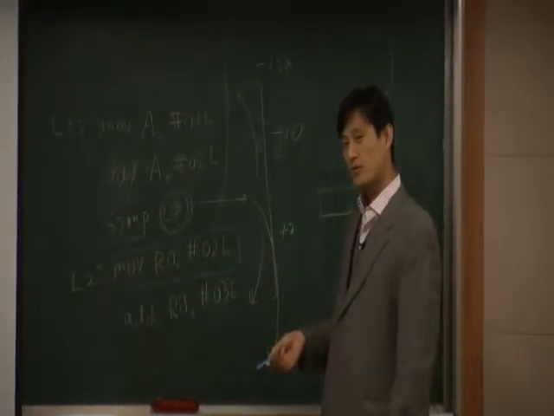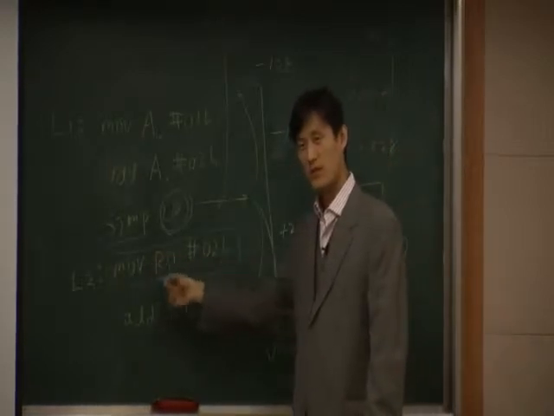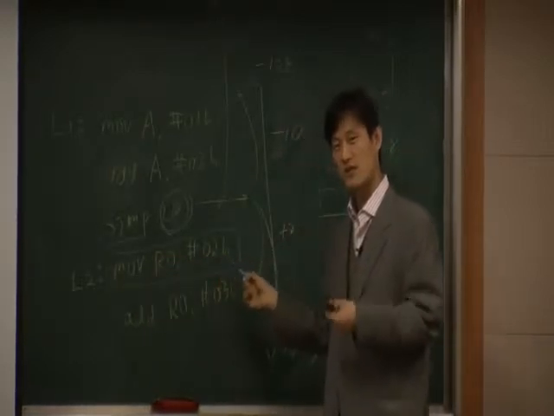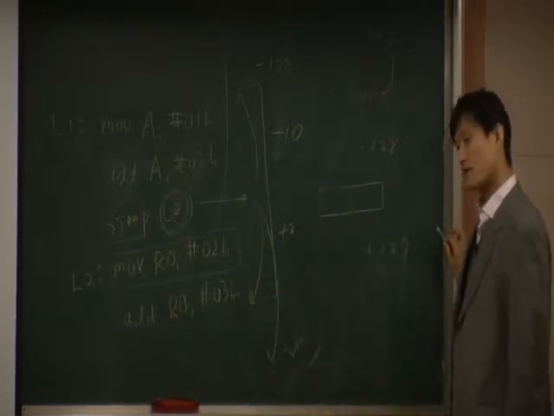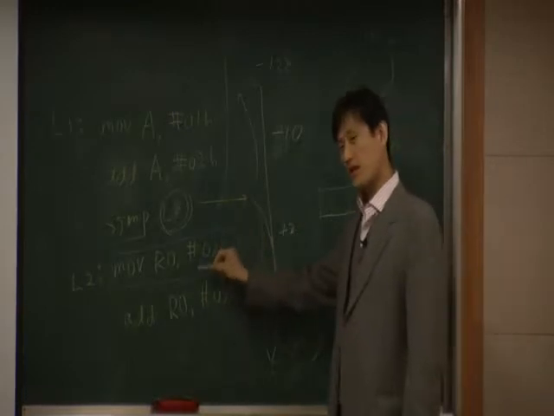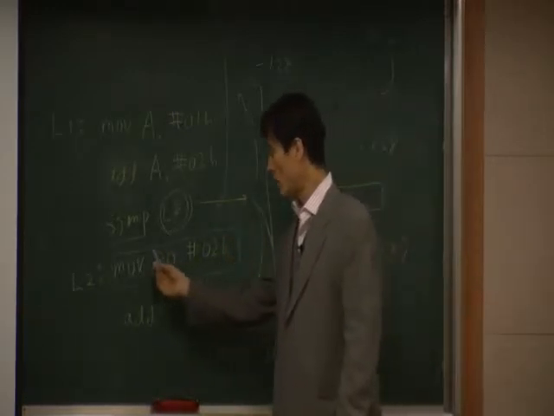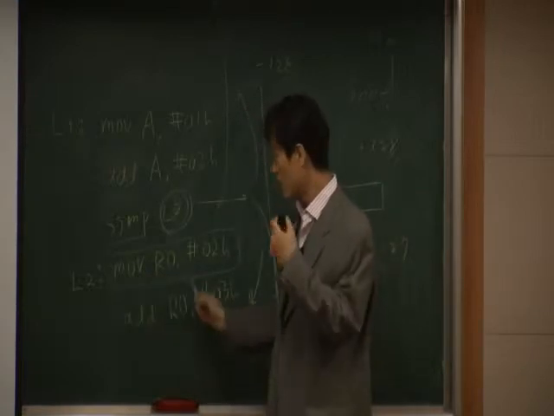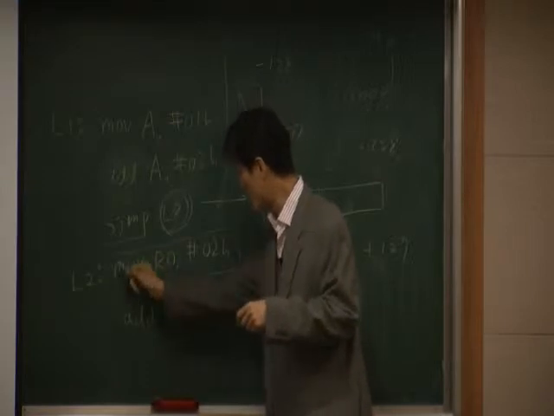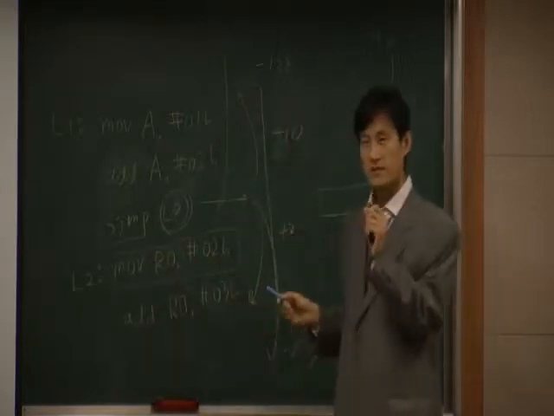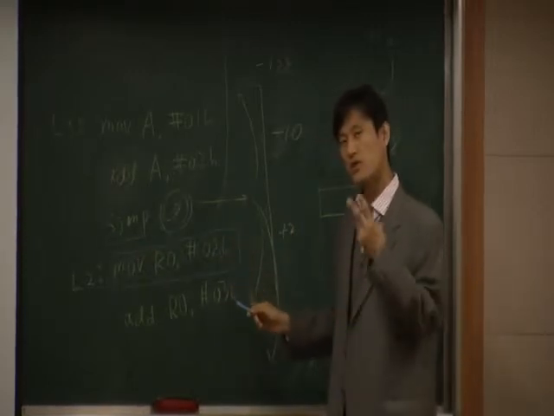How many bytes do you need for one instruction, the move instruction? In this particular instruction, you need 2 bytes. One byte for the move R0, this whole thing is 1 byte. The second byte is this one. So you need 2 bytes.